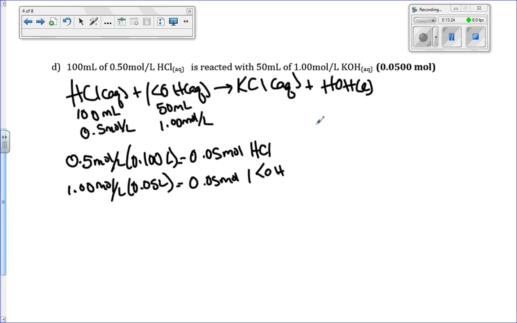Looking at the mole relationship for the reactants, we have 1 mole of hydrochloric acid and 1 mole of potassium hydroxide, 0.05 moles over 0.05 moles. And actually, what happens is, in this particular case, they're equal.